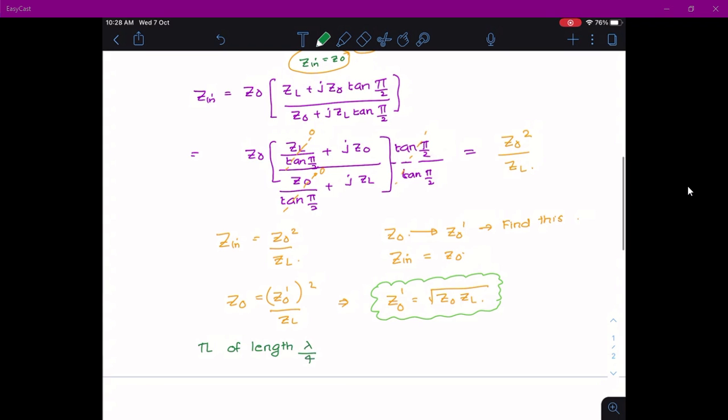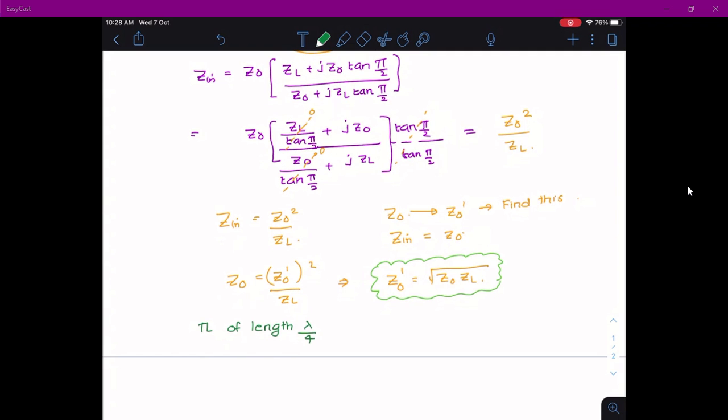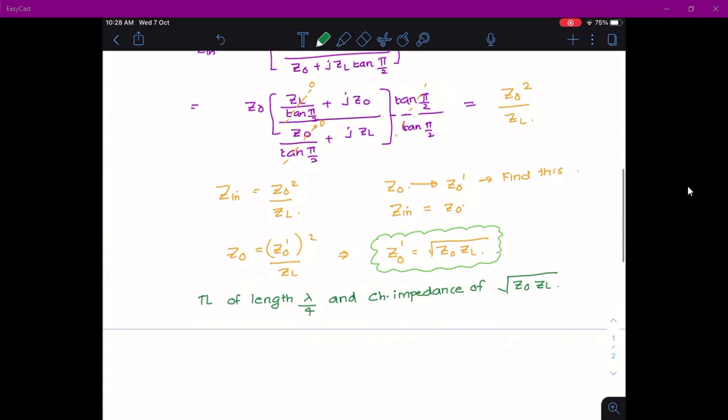That's why it is called a quarter wave transformer, because it is a quarter of the wavelength, and characteristic impedance of root over Z0 ZL, where Z0 is the characteristic impedance of the original transmission line and ZL is the load impedance.